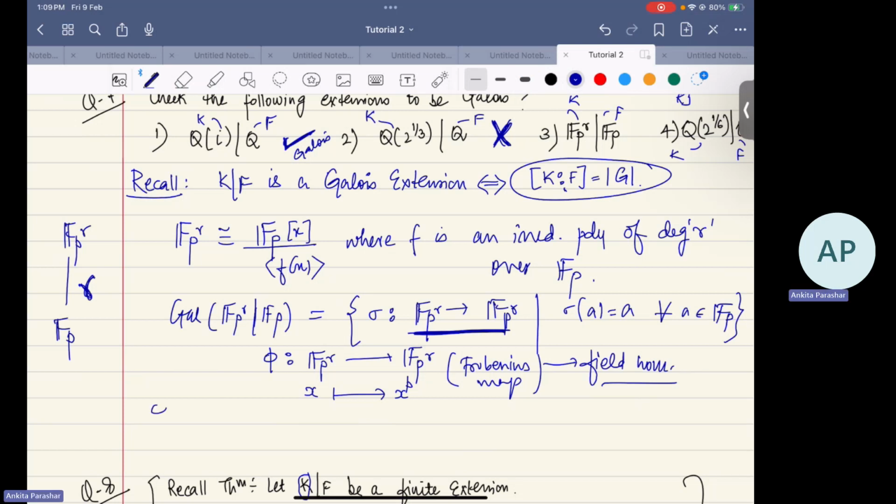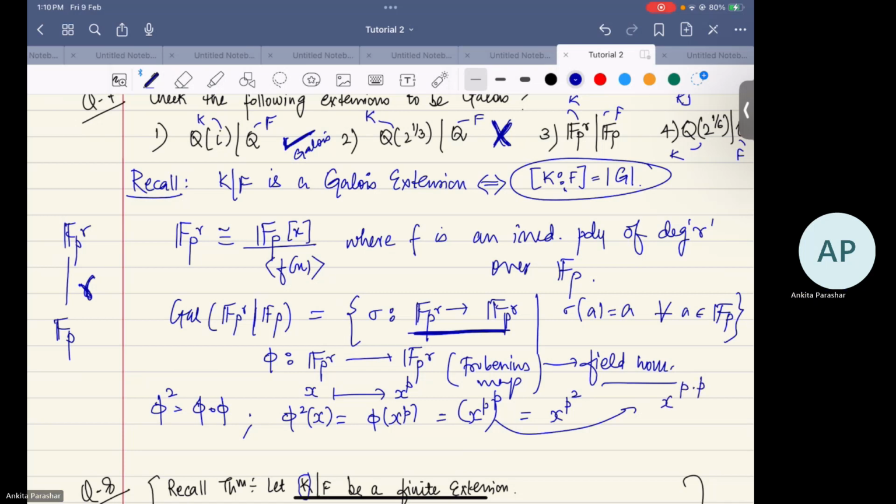Okay, if I raise its power, let's say to 2, that means if I compose it twice, this is what the map will be, because the operation is composition. How will the map look? phi^2(x) is nothing but phi(x^p), which is (x^p)^p, which is x^(p^2). Is that okay? Because this is x^(p·p), which is p squared.